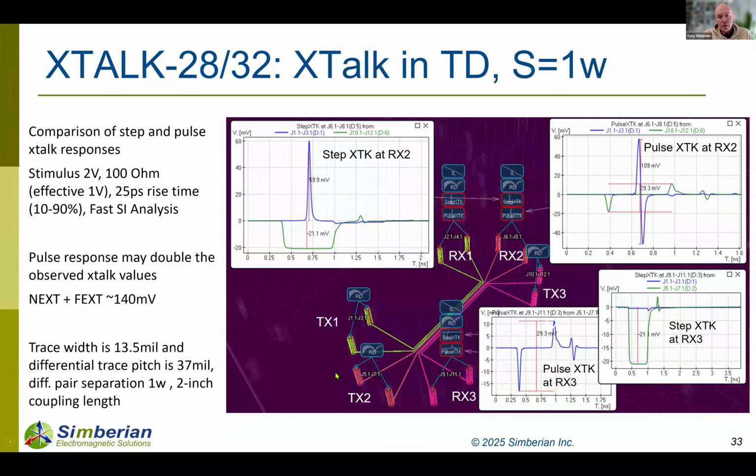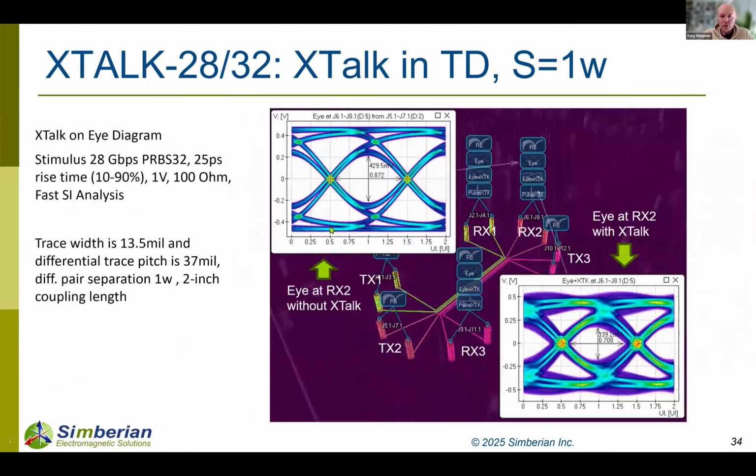Example of such analysis, again, can be done with one click in Simbeor. You just select in the SI compliance analyzer what type of crosstalk analysis you need, then you run it, and then you see the values in those mini plots, and then you can construct reports of which values exceed the specified value. Same with PRBS response.